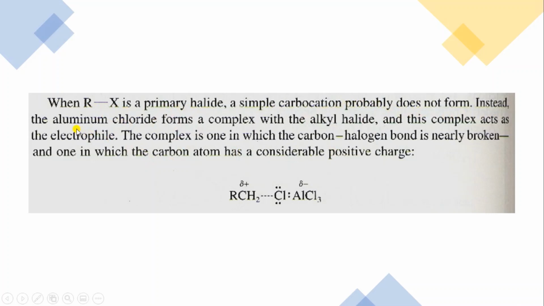Instead, when you treat that alkyl halide with the aluminium chloride, instead of the aluminium abstracting the chlorine atom from the alkyl halide and producing the carbocation, there will be a formation of a complex.